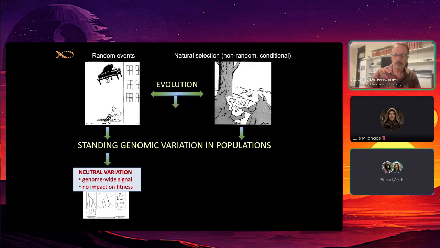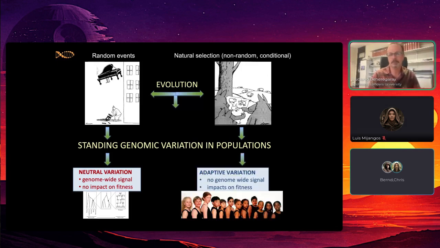However, if you want to understand genomic variation present in populations that has an impact on fitness, what we call adaptive variation or adaptive diversity, you need more markers, because that variation usually doesn't have a genome-wide signal.